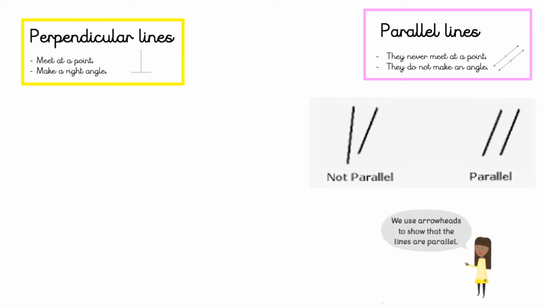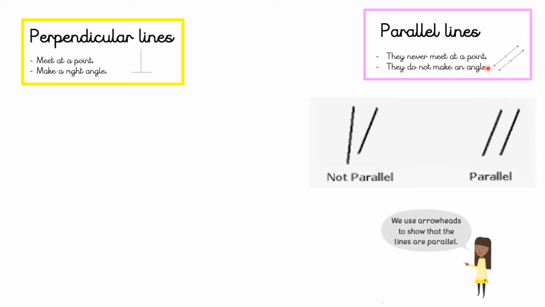So we're going to be giving these parallel lines a name as well, as we did with the perpendicular lines, just so when we write down our answers it makes sense. Okay, so we will also call it, for example, AB and CD. Parallel lines never meet at a point and they do not make an angle.